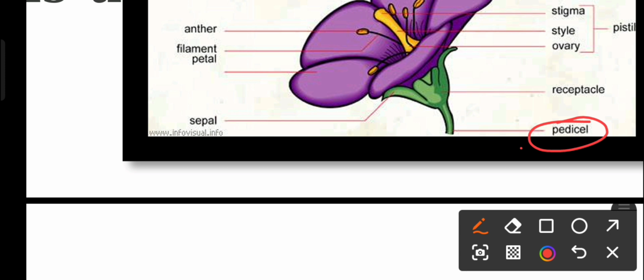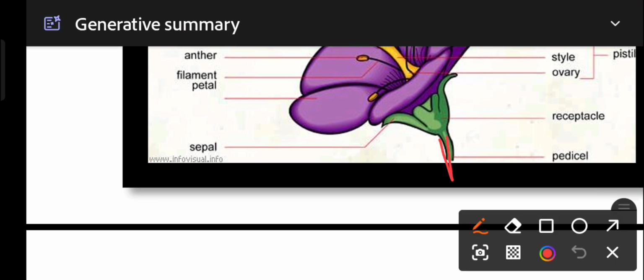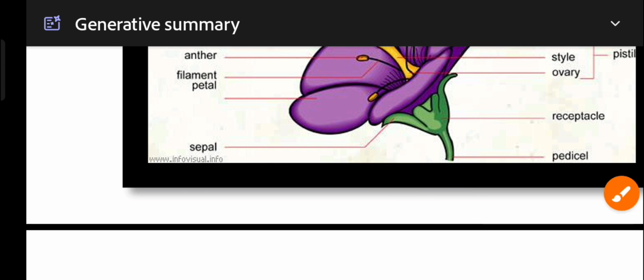This pedicel is the supportive structure of the plant. It gives support to the plant, and also it is a point of attachment. If here it is the stem, it means it attaches to the stem. So the pedicel is the point of attachment.